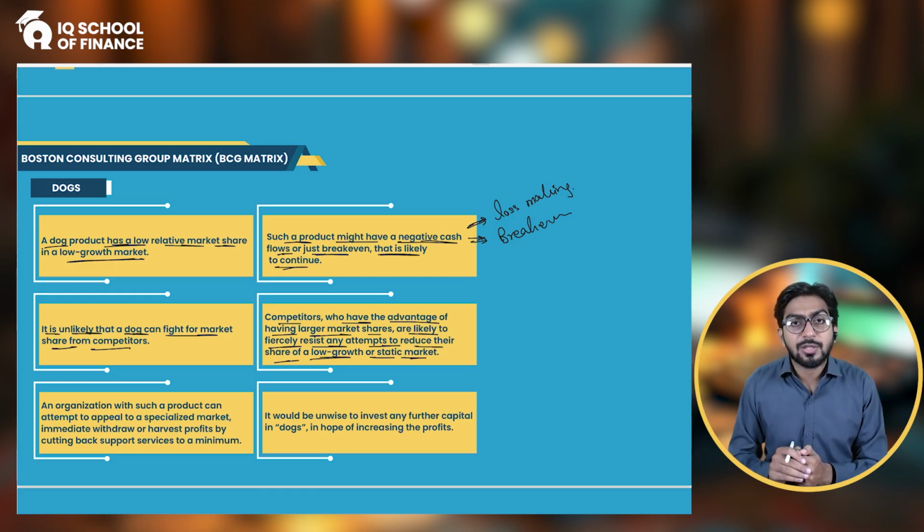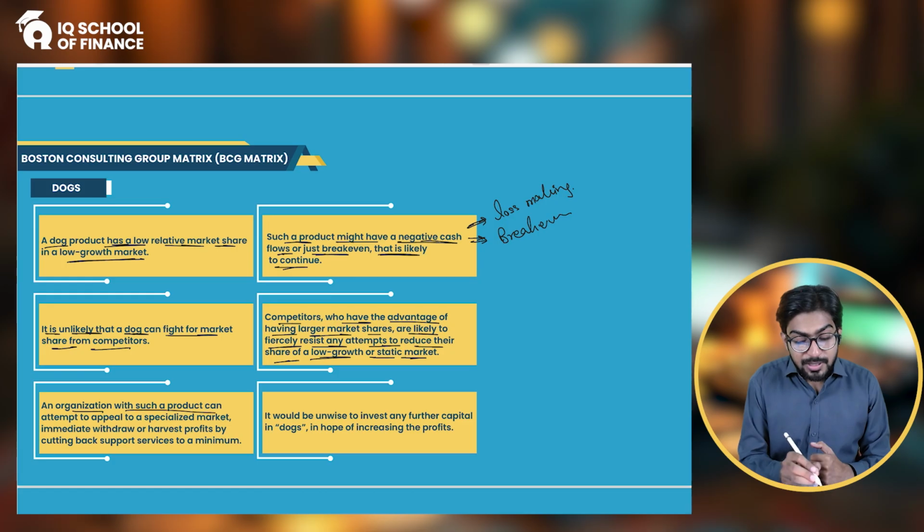Obviously, if you try to snatch their shares, the competitors are not weak like you, they are strong, so they are going to do something and they will not lose their shares. They will do R&D, marketing, or innovation in their product, so that you will not be able to snatch their customers from them.